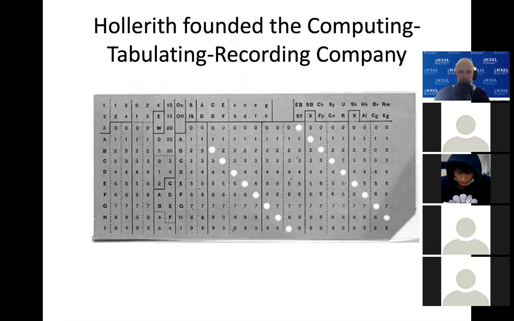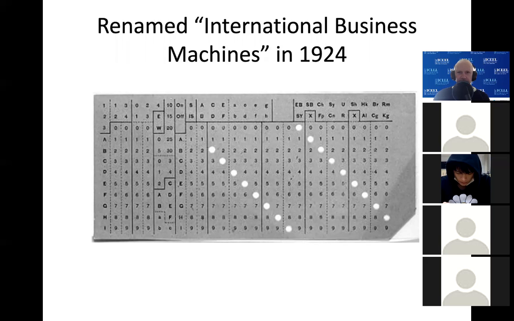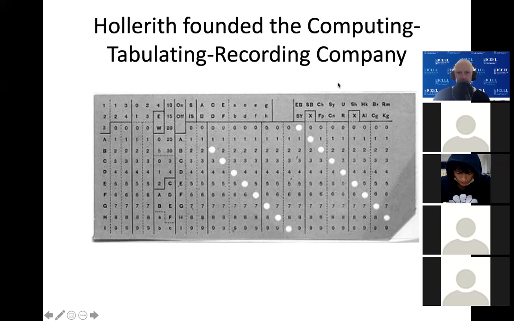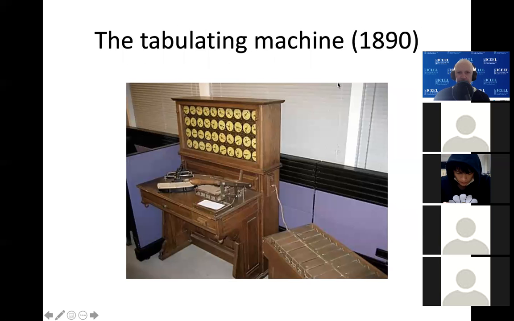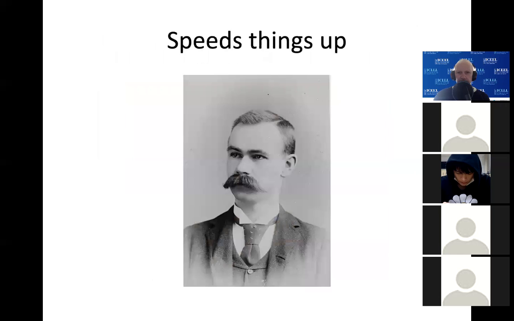And he founded the Computing Tabulating Recording Company. Sounds good. Well, actually, it doesn't sound good. It sounds stupid. And they renamed it in 1924. So this is Hollerith's company, and here he is, Hollerith.